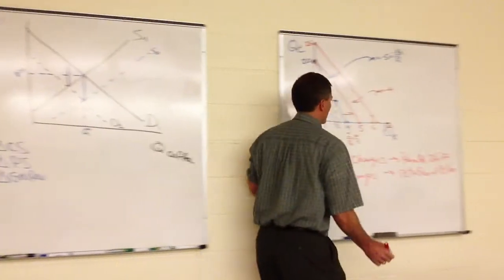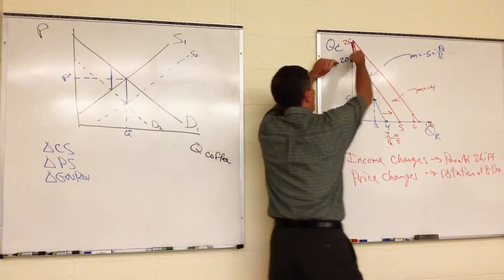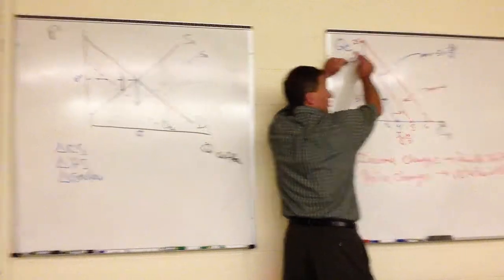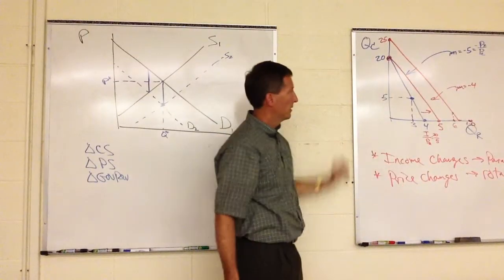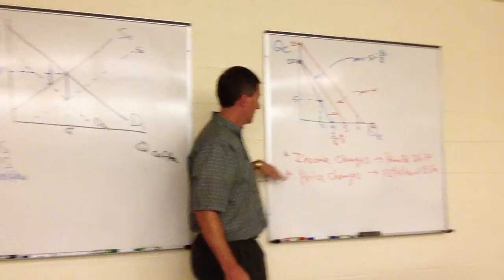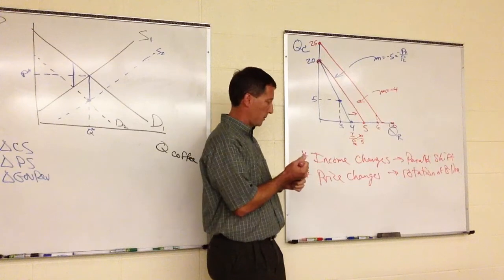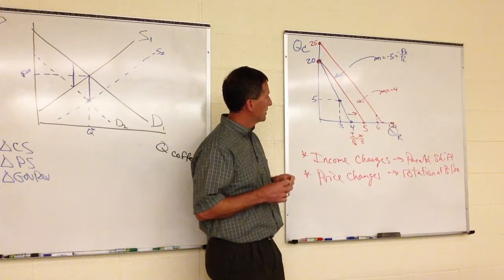We call this thing the budget line or budget constraint. So it's rotating around the thing that didn't change. So you're going to have a different slope after that. Remember those 2 things as you start to work through some of your problems.